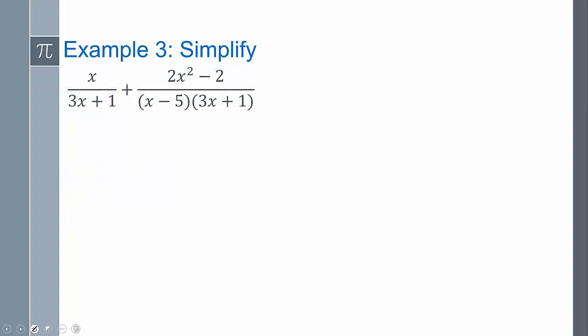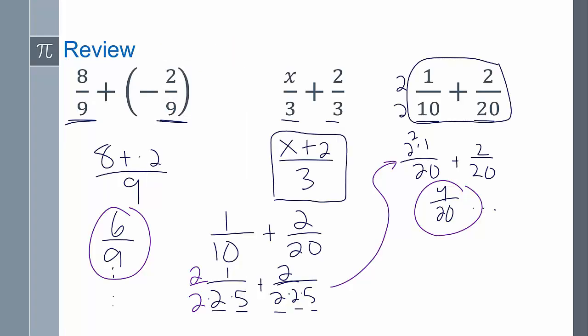So now we have an example here in which, if we notice, our denominators are not the same. And so now we have to go all the way back to this slide here, where I said when we have to find the common denominator, what we're looking for is to make sure all the factors are the same in the denominator.